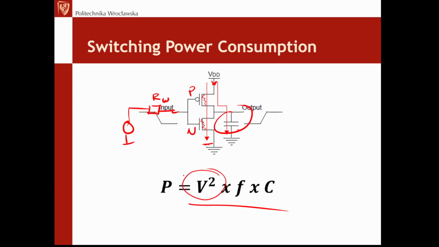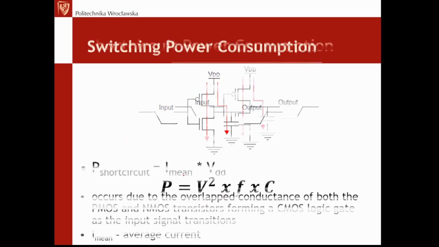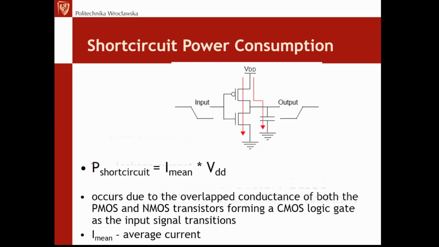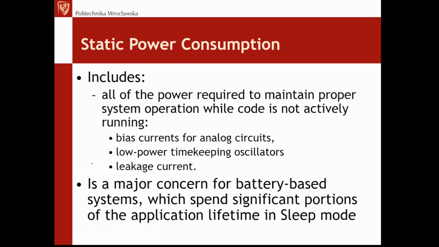Therefore, every reduction in the value of the supply voltage is required in circuits where we want to reduce the power consumption. Another part is the bias current for analog circuits, the low power time-keeping oscillators.